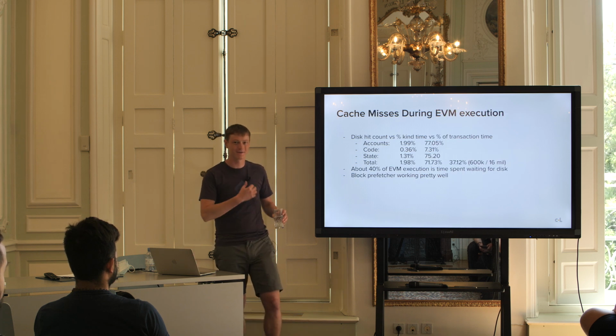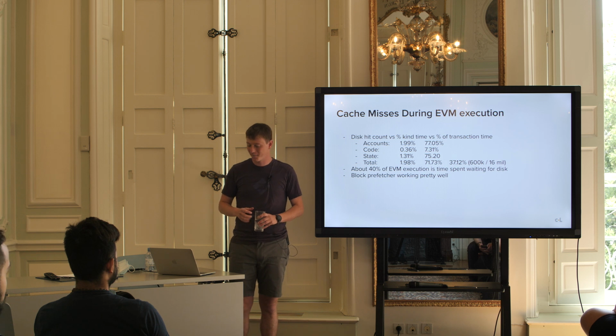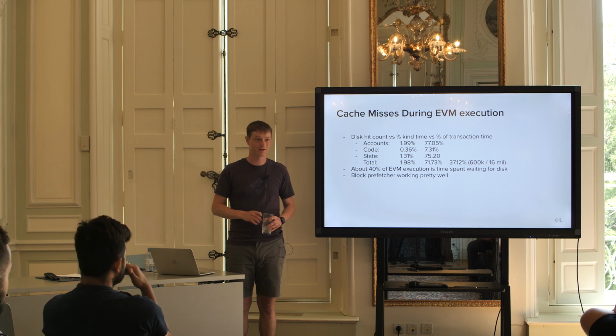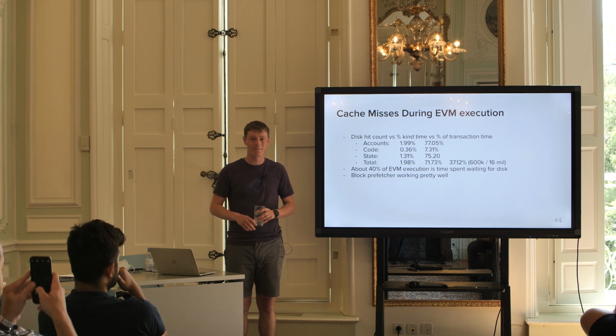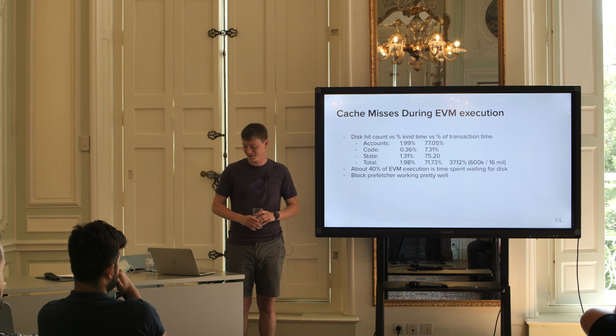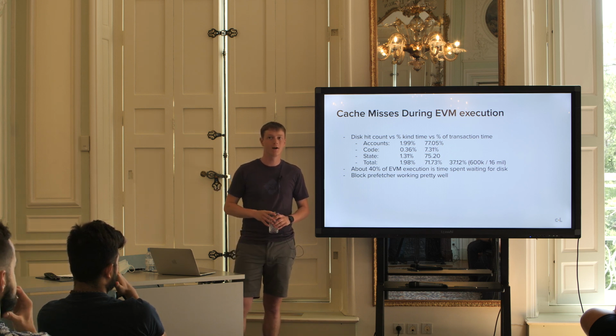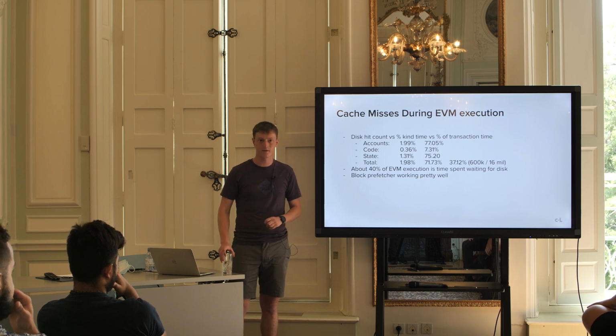So now this is, I think, the really cool part to me: cache misses during the execution itself. It turns out the pre-executor is doing a really good job. It also turns out that the small percent of misses really take up a huge amount of the time.